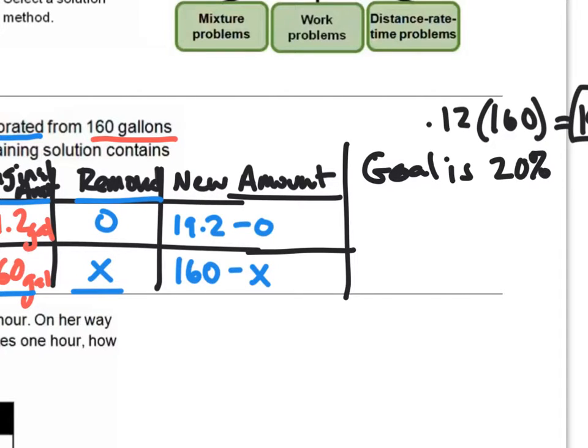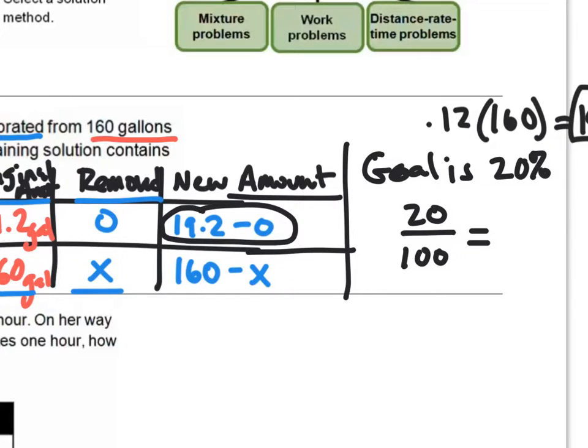Okay, hold on. Let's think about this for a second. 20% is the same as 20 out of 100. Now, we want this to equal the new amount of salt, 19.2, over the new total, 160 minus x. It's a proportion.